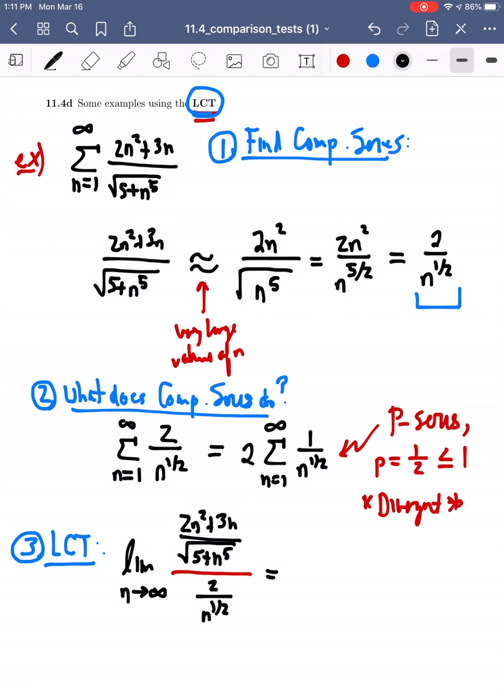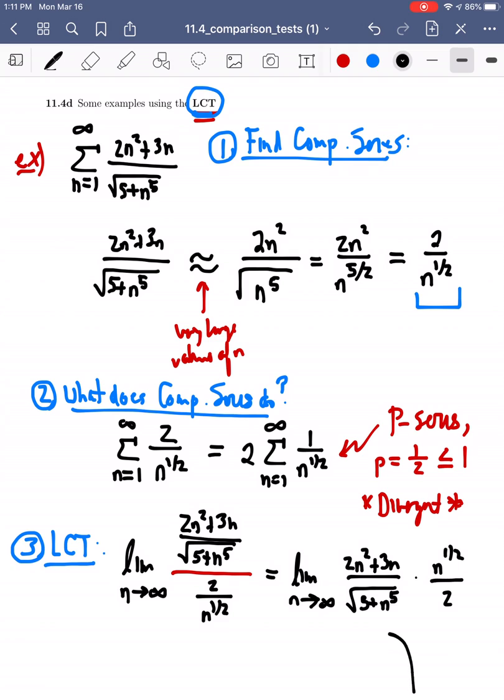So let's rewrite this again. Since we have the quotient of two fractions, we take the denominator, reciprocate it, and multiply, and we get this is now the limit as n goes to infinity of 2n squared plus 3n all over the square root of 5 plus n to the 5th times n to the 1/2 all over 2.